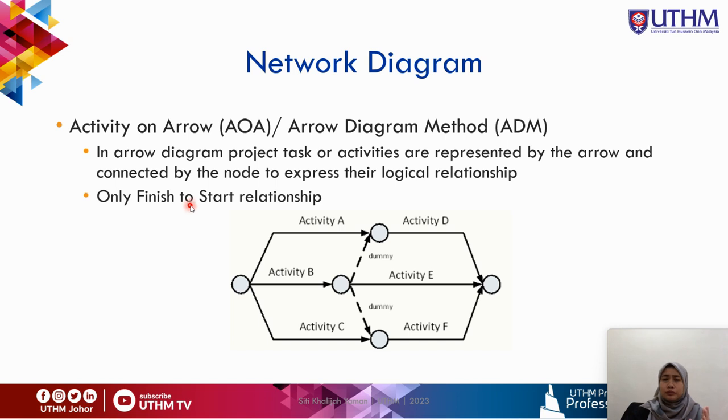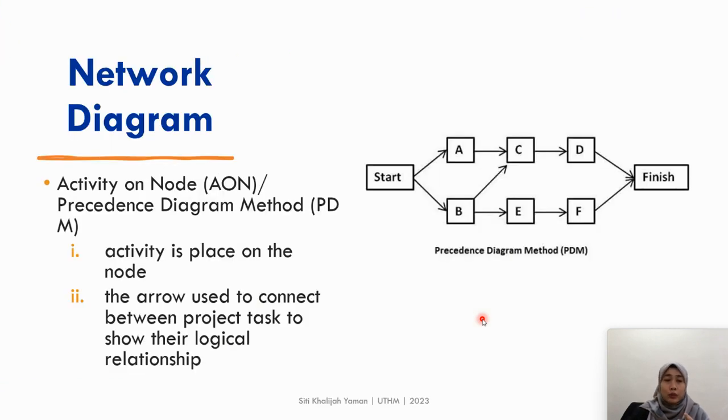So usually for ADM, they use arrows to show the project tasks or activities, connected by the nodes to express their logical relationship and to show the start and finish points for activities.